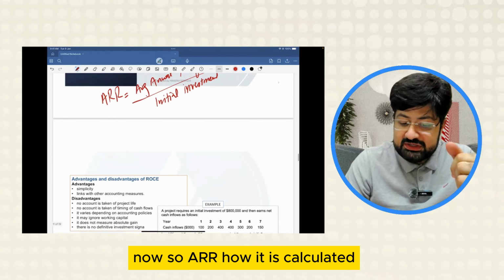Remember that when we deduct the non-cash expenditure from the cash flow, we get profits.